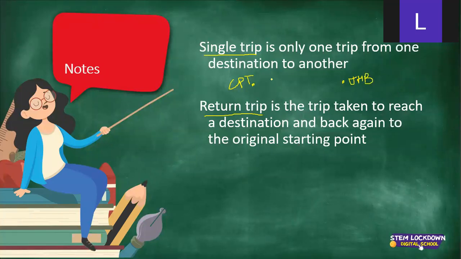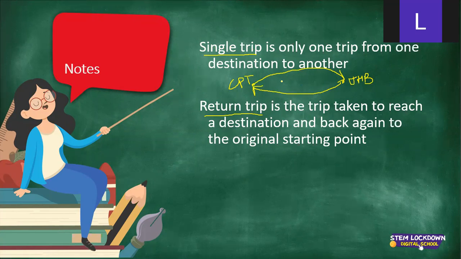If I'm only going there and I'm not returning, that will be one way. That is a single trip. But if I'm going there and I'm coming back, it will be a return trip. So everything will be multiplied by 2. Your distance will be times 2, and so on.